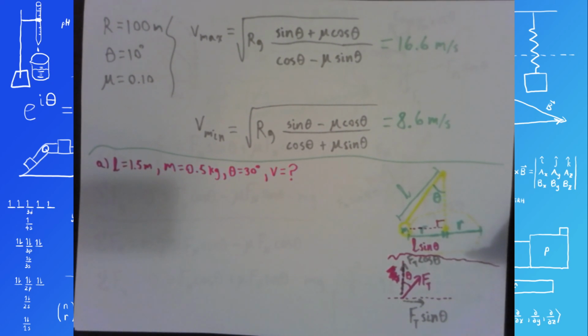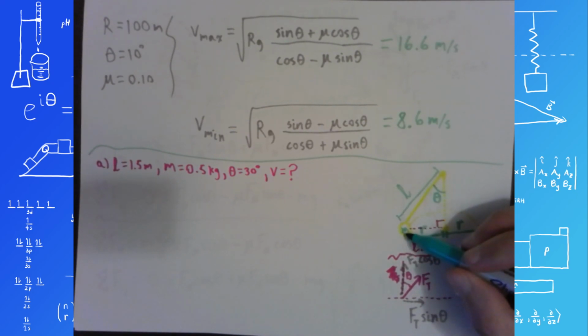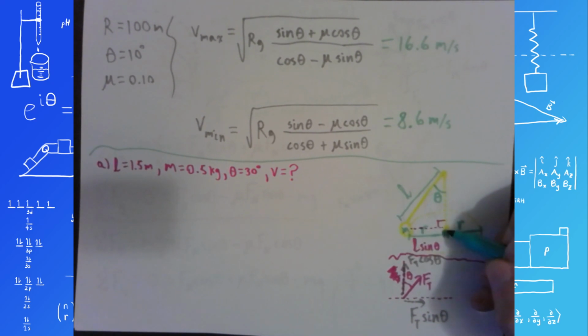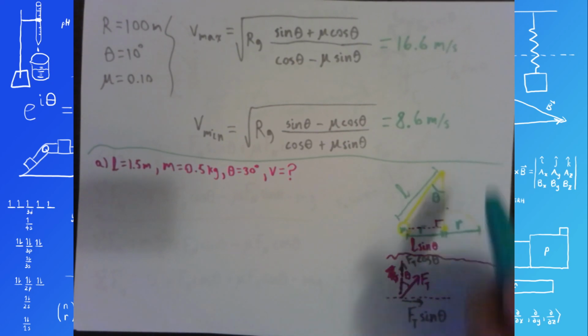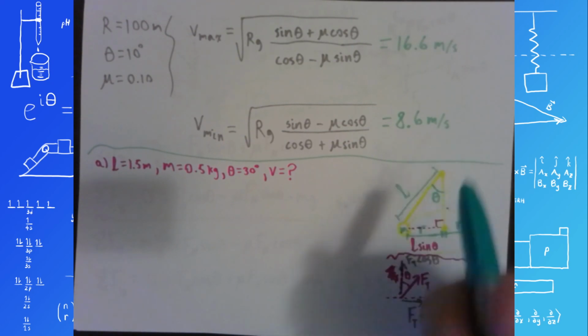Well, if this is circular motion, then we need to have a net force pointing towards the center of the circular path. Our net force needs to be, in the case where the mass is over here on the left, the net force would have to be to the right. When the ball is over here, the net force would have to be, well, not down, but in this direction.